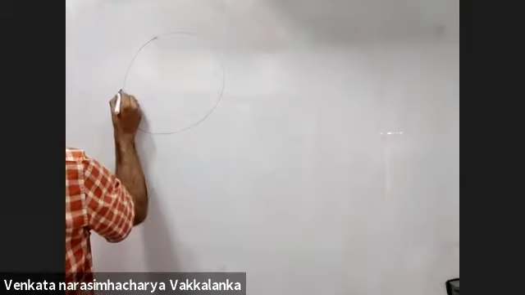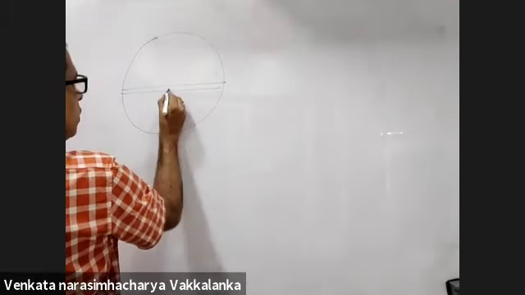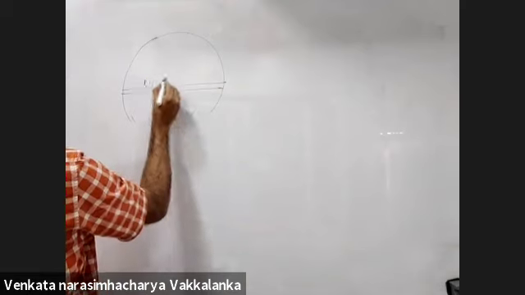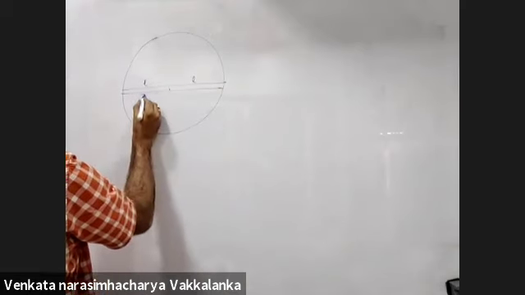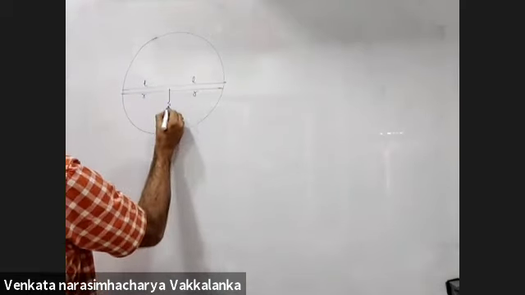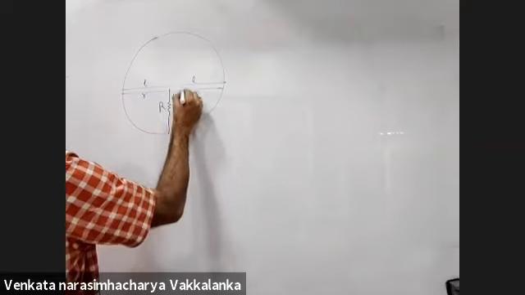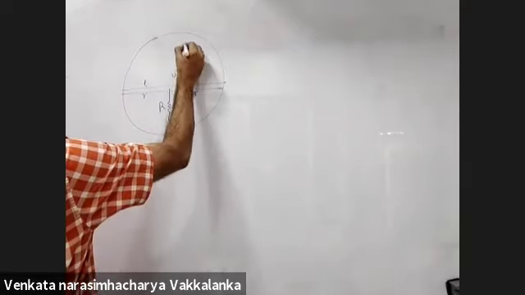This is a ring. This is a thin rod of length L and resistance small r. This is rotating with an angular velocity omega.